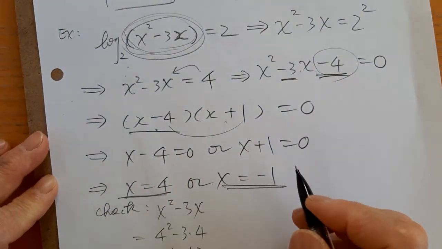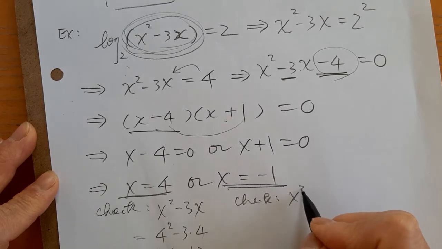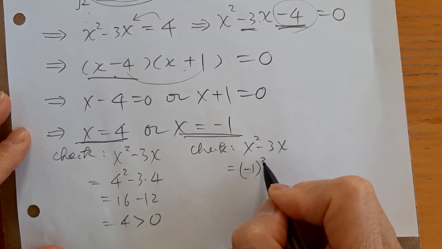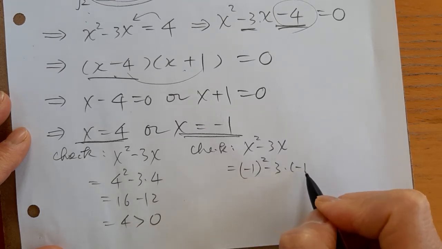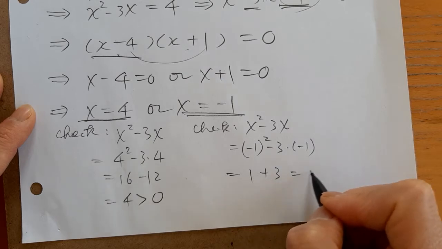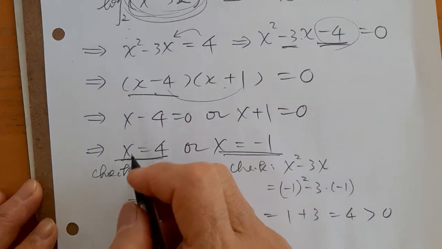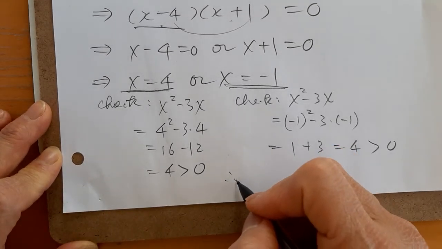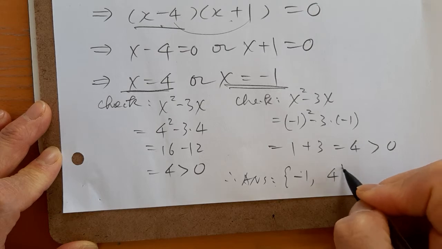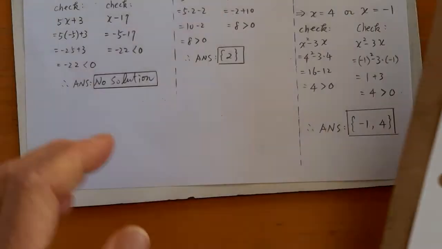And check x equals negative 1 with x squared minus 3x: negative 1 squared minus 3 times negative 1. Negative 1 squared is 1, plus 3, also 4. It's positive, so both are solutions. So you can put down the answer: one is negative 1, one is 4. The two are solutions.